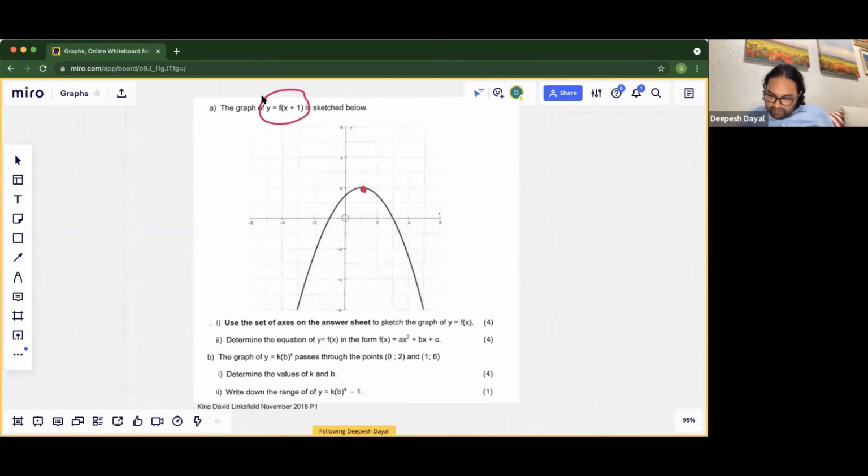Maybe that's why they say f(x) plus 1, because it moved up by 1, right? Use the set of axes on the answer sheet to sketch the graph of f(x). So how did f(x) look? If f(x) plus 1 looks like this, what did the original look like, the f(x)?